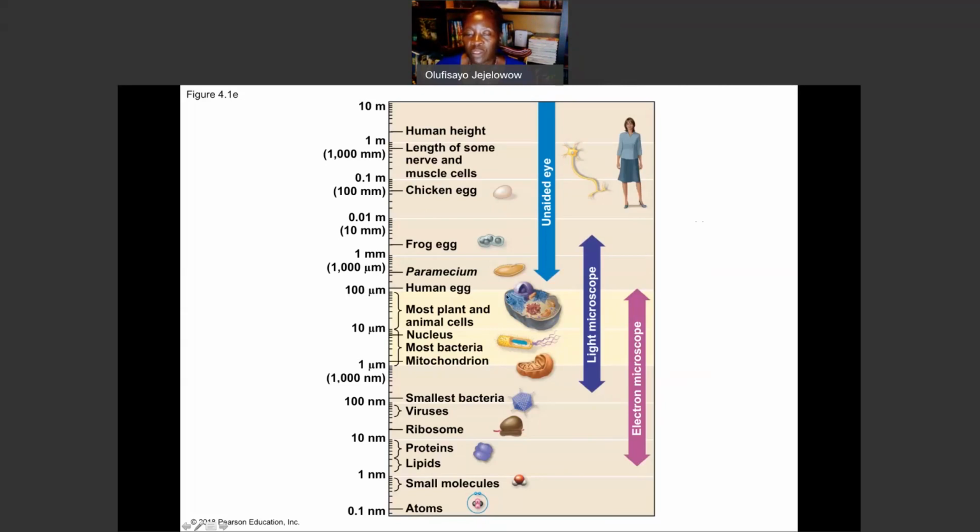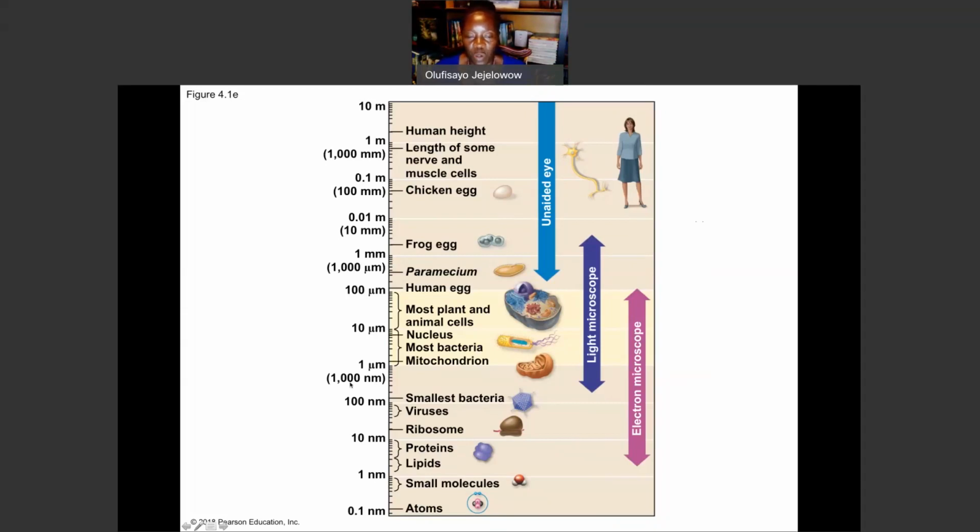The whole cell can be visualized under the light microscope, but the internal structure of the cell, including ribosomes and all of the smaller components, cannot, because they are sized at the nanoscale level. 1 nanometer is 1 meter divided by 10 to the power minus 9. So it's divided into 1,000 million parts.